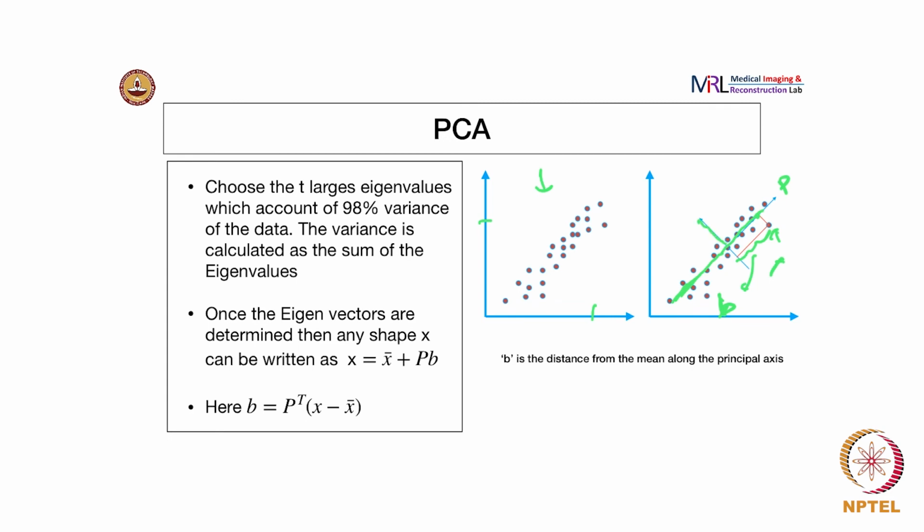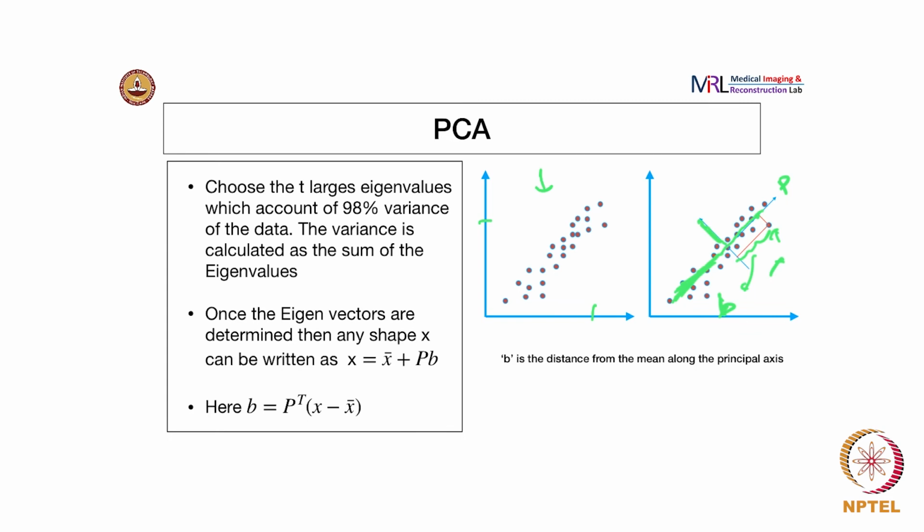And the variance along this axis is much lower compared to the variance along this axis. So this horizontal axis right here is where the maximum variance is, and we can safely ignore the other axis without losing too much information. So that's the idea behind doing the PCA.